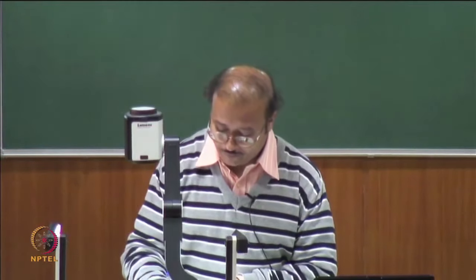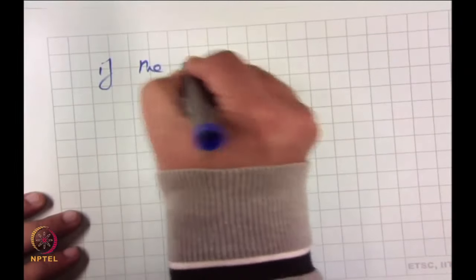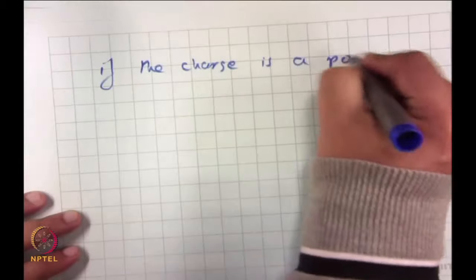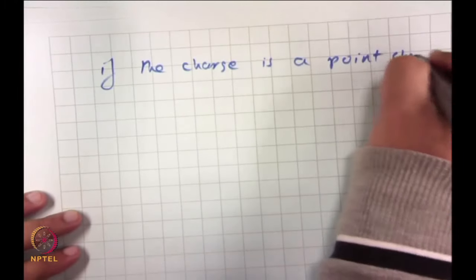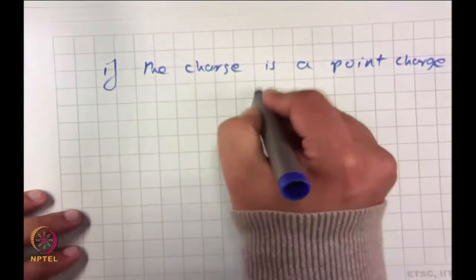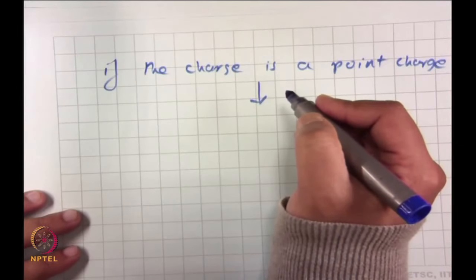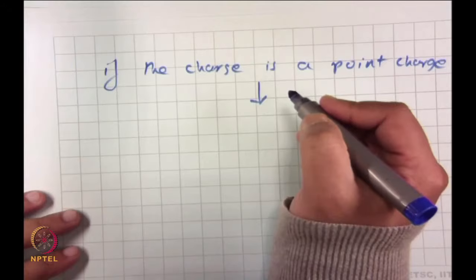Now think about this, because now the protein has this radius a, if the charge is a point charge, then what will happen? If it is a point charge, then a would be what? 0, right? So no radius.